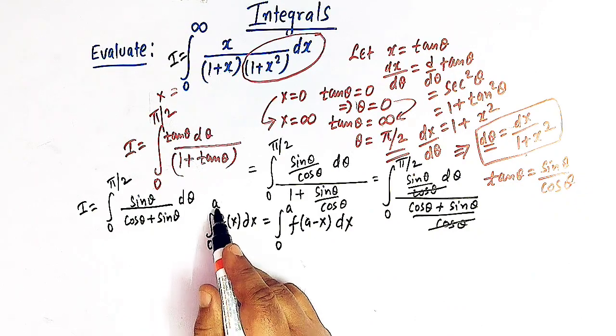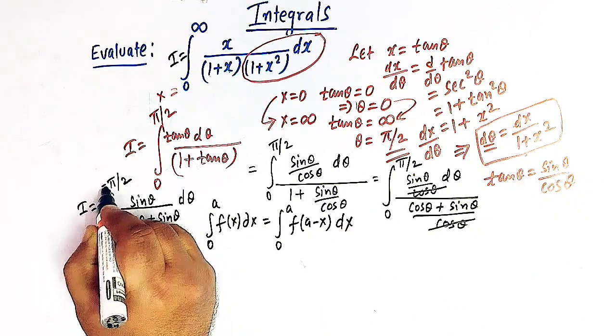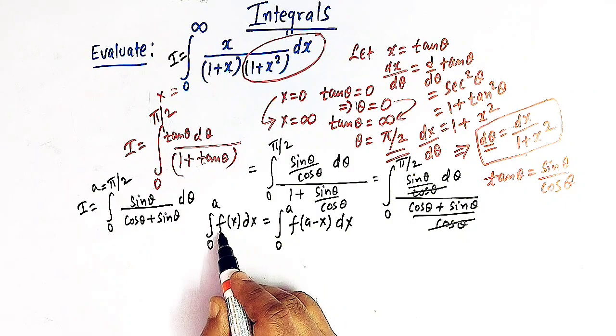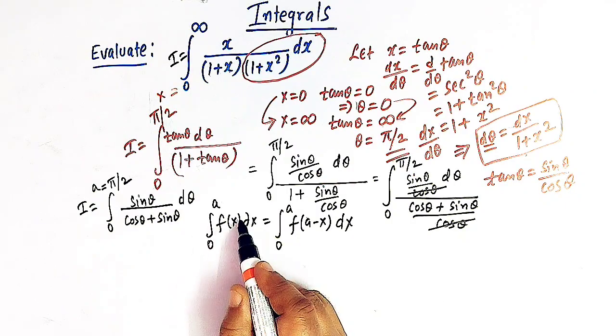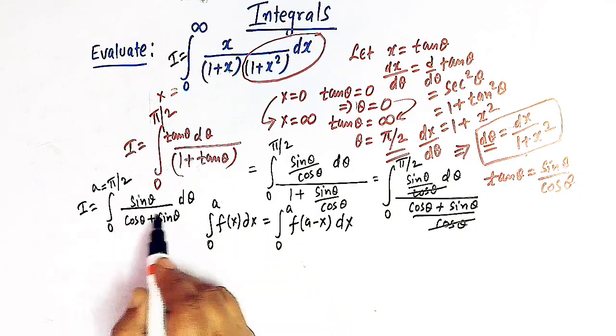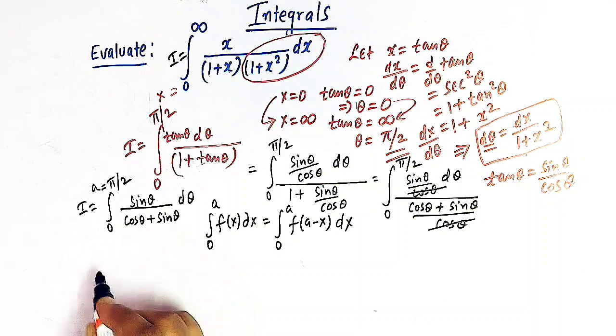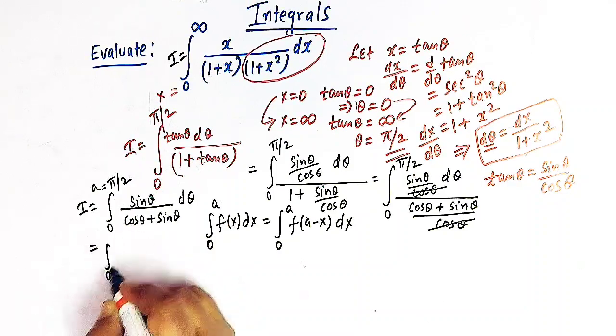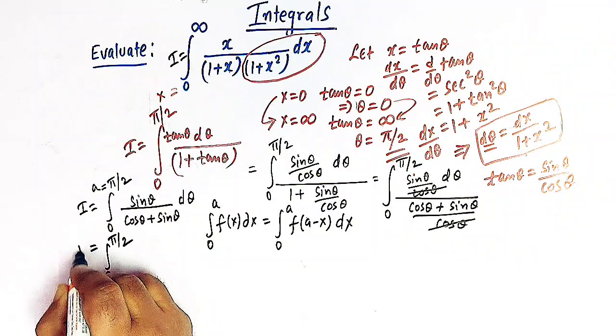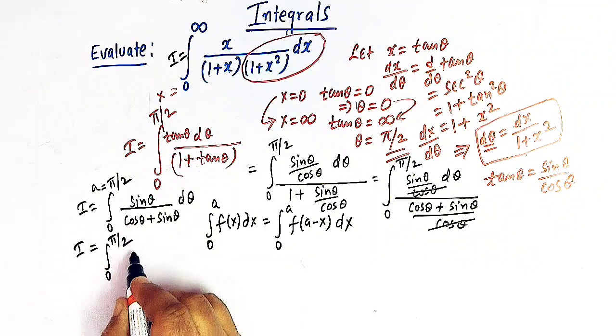Here a is pi by 2, and f of theta is sine theta over cosine theta plus sine theta. So now we can write the integral from 0 to pi by 2 as I.